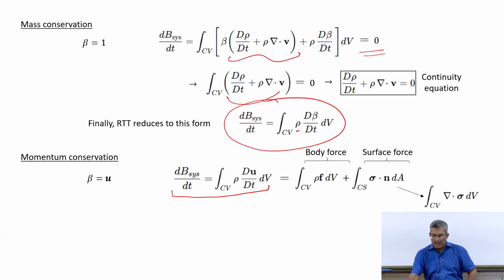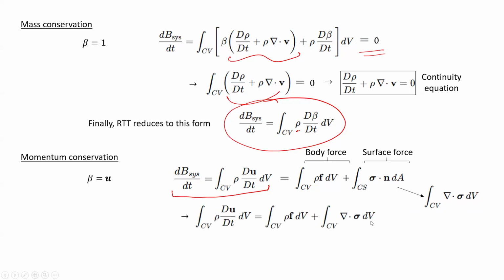Then this surface integral, we can express it again using Gauss divergence theorem as a volume integral. And then we can express it this way, and from here it follows that we get a differential equation.